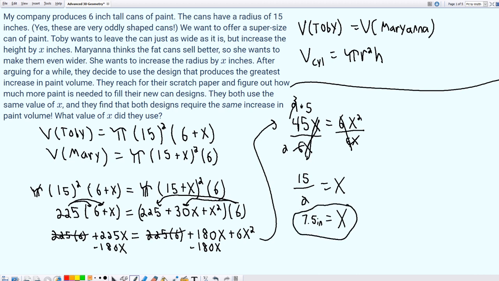So, as you can see, the math is a little tough. It requires a lot of algebra, especially quadratic skills. But the important part is knowing what information to take from the word problem. It's a very lengthy word problem, but we're only going to use what it's telling us to use. It's obviously a volume problem since it says their volumes are the same. We know what the formula for volume is.